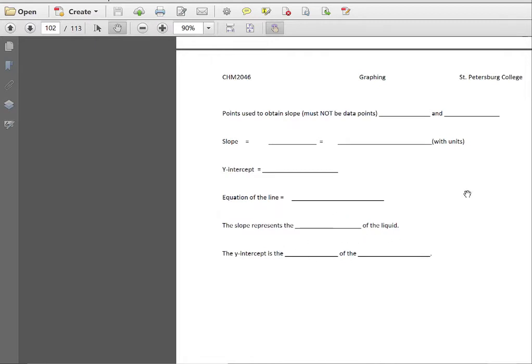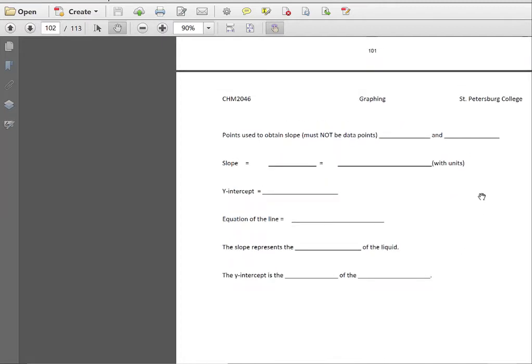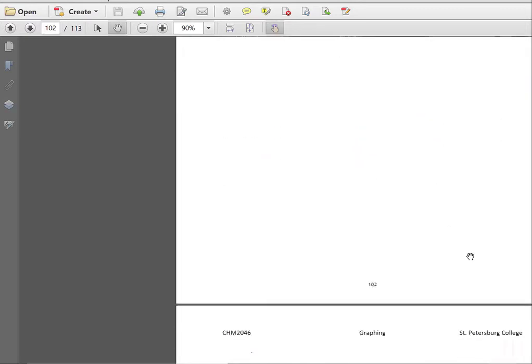The y-intercept is basically the mass of the empty graduated cylinder because the volume will be 0. Remember, the y-intercept is the b part. It's when x is 0, which means volume is 0, but there will still be a mass of the graduated cylinder. So it will be the mass of the empty graduated cylinder.